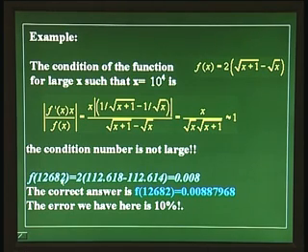If I keep 6 digits and compute this, I will get 0.008 as the answer, rounded to 3 digits after the decimal point.